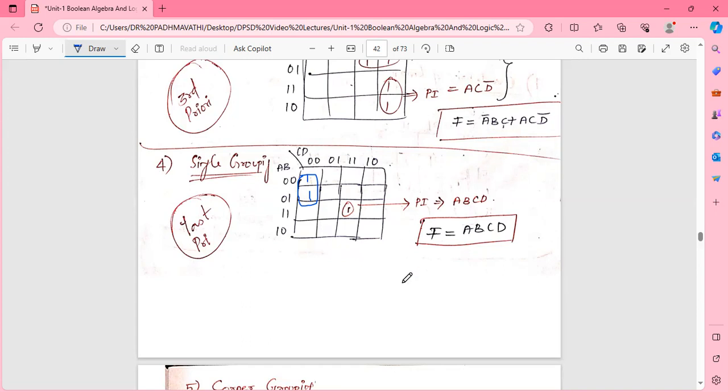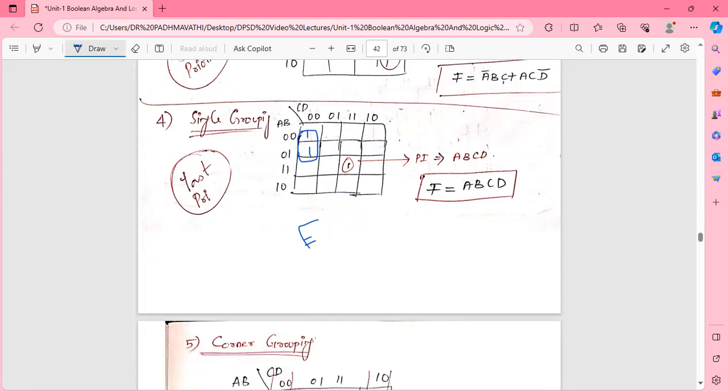Now your expression can be rewritten as F equals ABCD plus A bar C bar D bar.